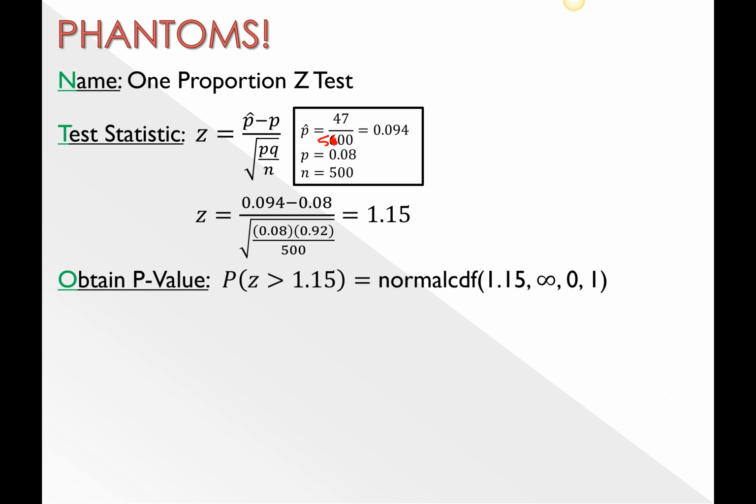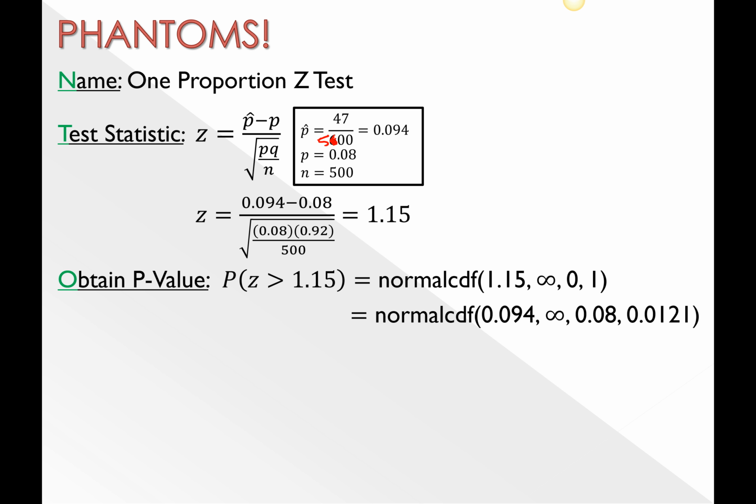Remember that we're interested in the proportion of observations above 1.15 standard deviations above the mean. So we use normal CDF from 1.15 to infinity. If you want to use the z-score, I know some of you still don't like doing that, so I put the other normal CDF you could use.